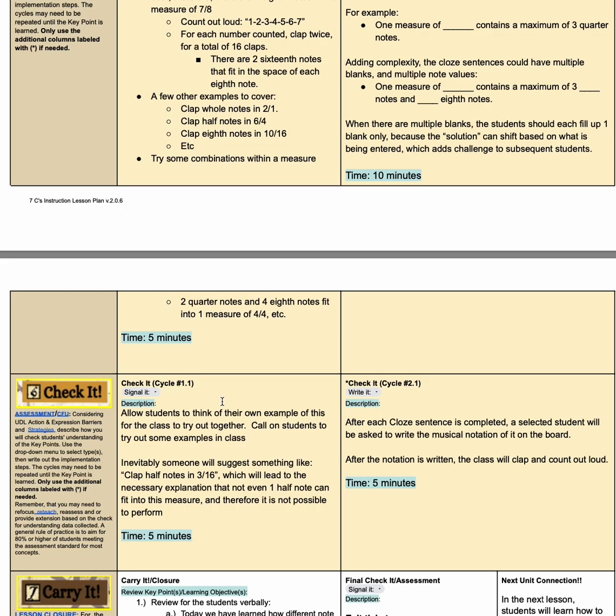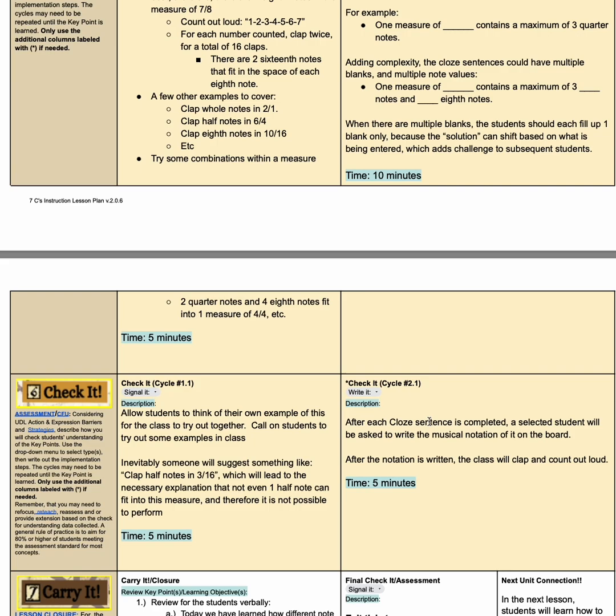So cycle 1, I already explained what is happening in this check for understanding. When the students are sharing their examples, I'll get to see, are they able to come up with a coherent example that we can try out in class or not? And then the check-it for cycle 2, we're translating the closed sentences that we've completed back into musical notation.